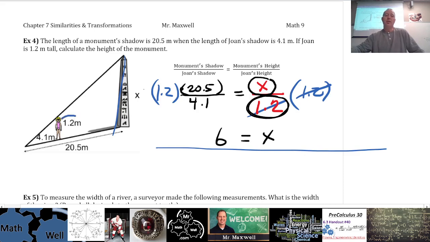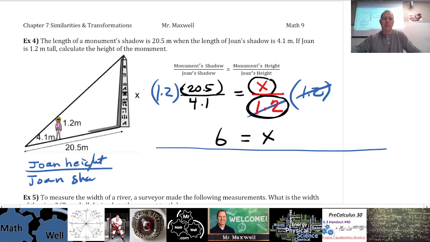So if I take the vertical side of this triangle and the horizontal bottom side of this triangle, I can use that as a ratio, and then I can set that equal to the ratio of the sides of the other triangle. So you can do it that way as well. And that would be written like this. It would be, let's say, Joan's height divided by Joan's shadow length.